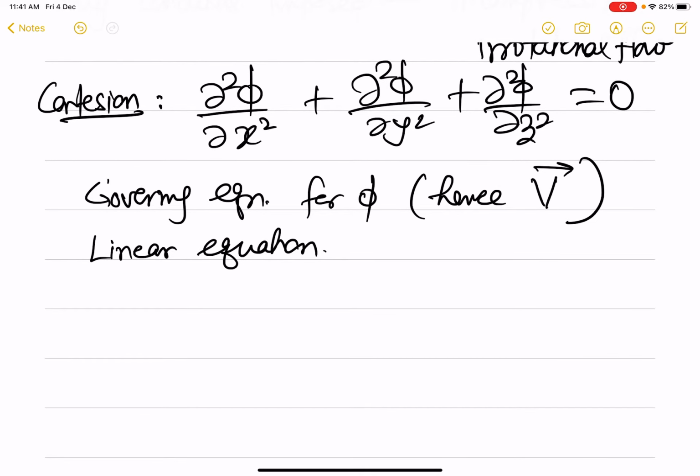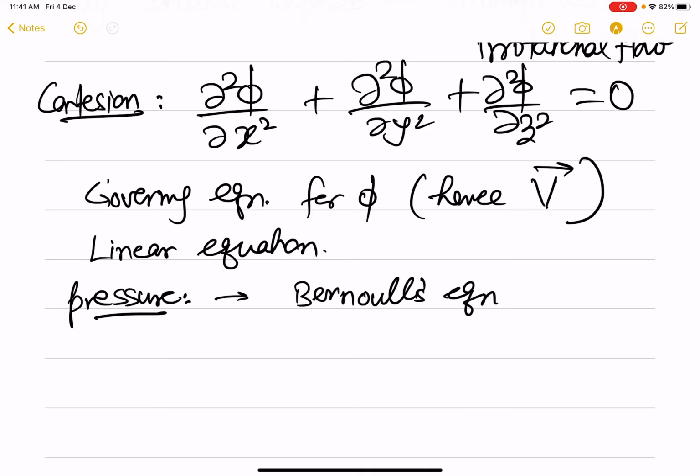Now in these flows, how will you get the pressure? Velocity will come from this equation. How will you get the pressure? The pressure will come from Bernoulli's equation. We will first solve del square phi is equal to 0.